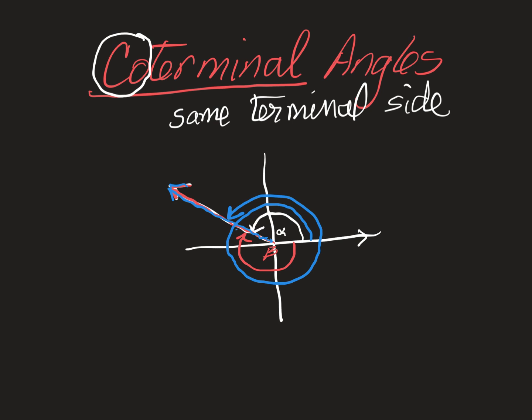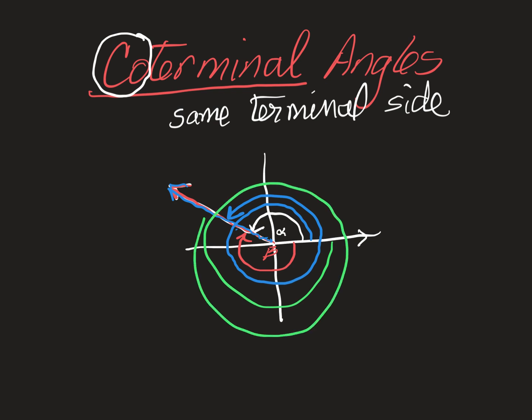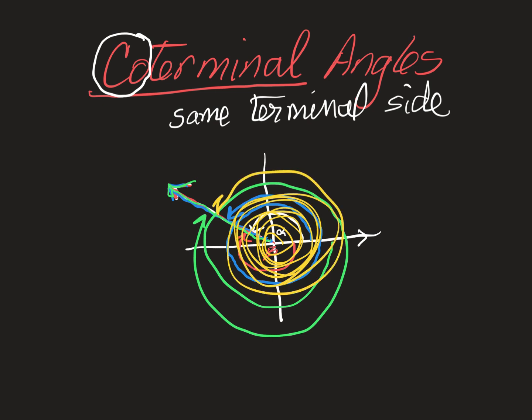And we could even do the rotations more than once in the negative direction, and that angle would also be coterminal. We could rotate around this until we are crazy, and that angle would be coterminal. Okay? So coterminal angles are angles that have the same terminal side.